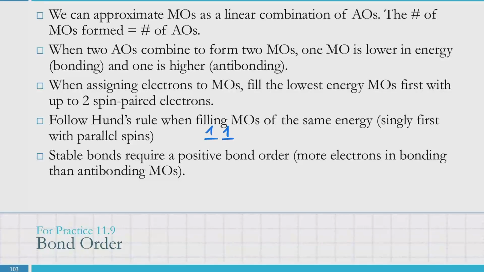So for example, if we've got 2 electrons, we'd fill them in up, up, not up, down in one box. So we're going to fill in singly first with parallel spin, and then we'll match them up if we need to. Stable bonds, bonds that will form and last, require positive bond order.